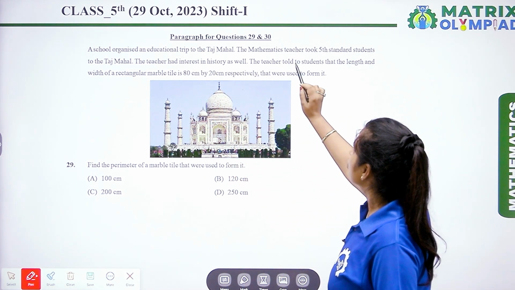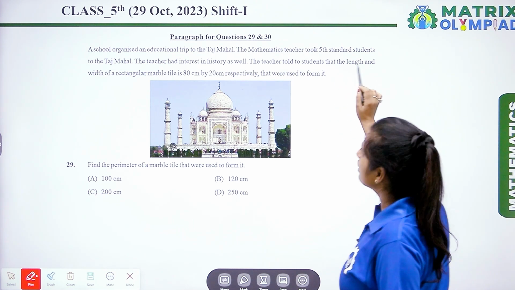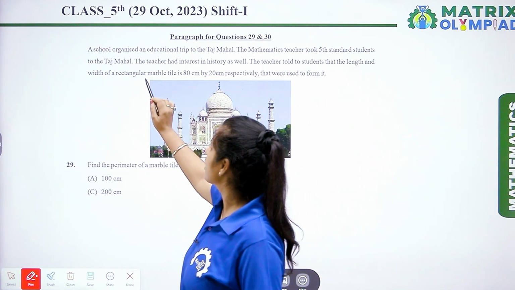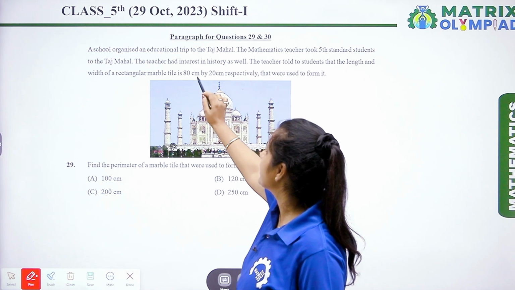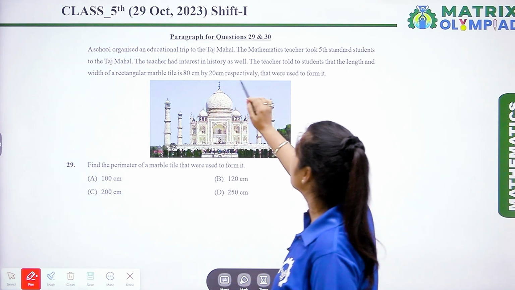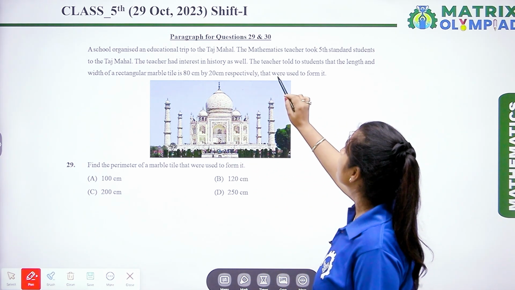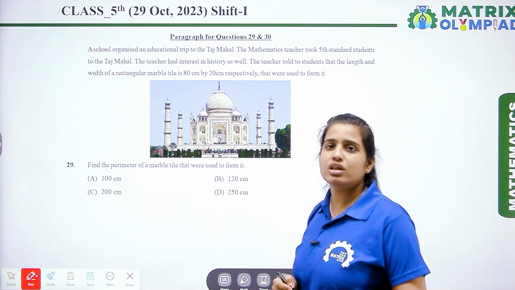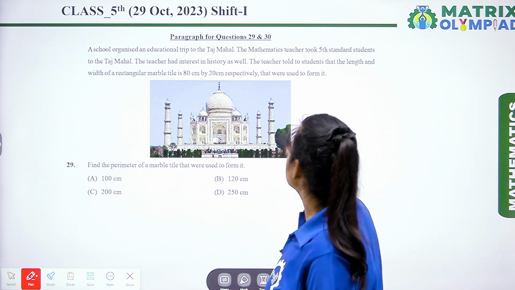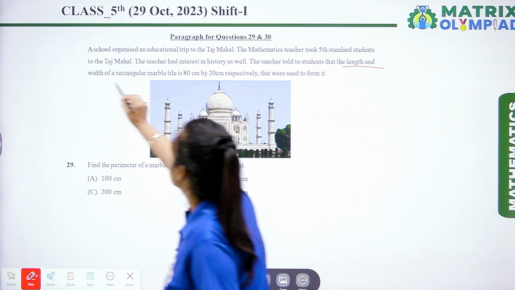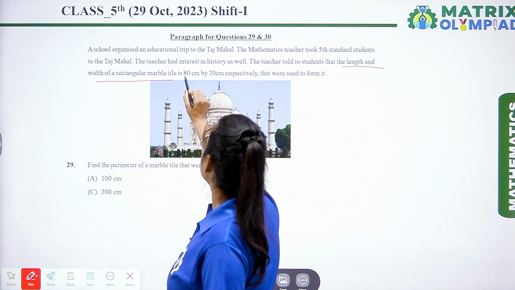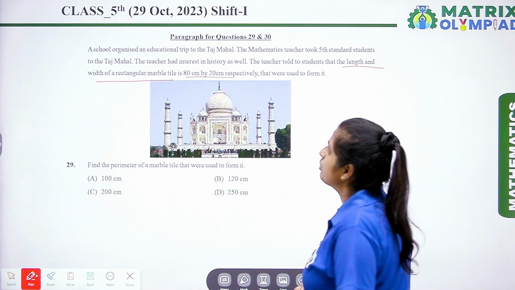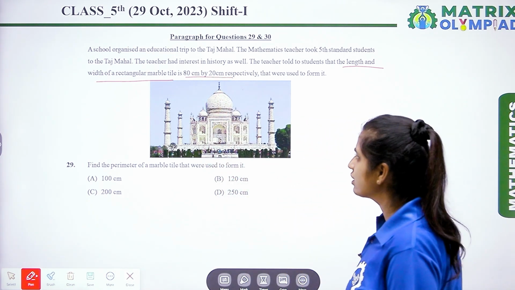The teacher told two students that the length and breadth of a rectangular marble tile is 80 centimeter by 20 centimeter respectively.